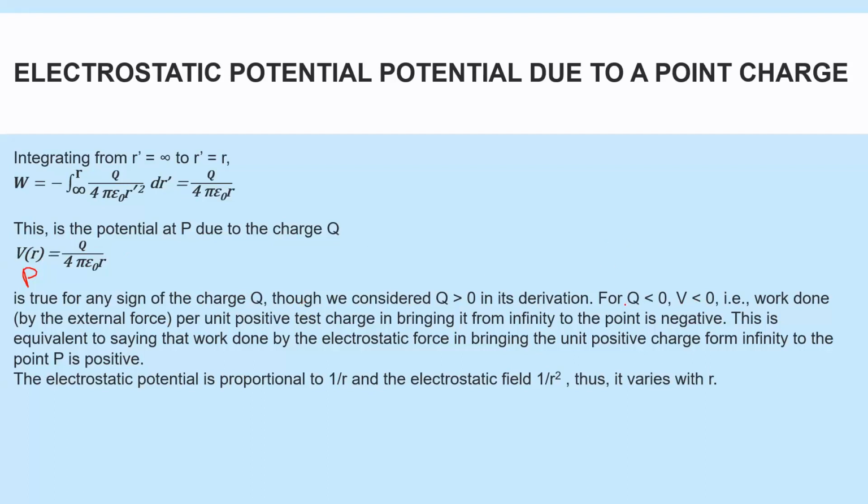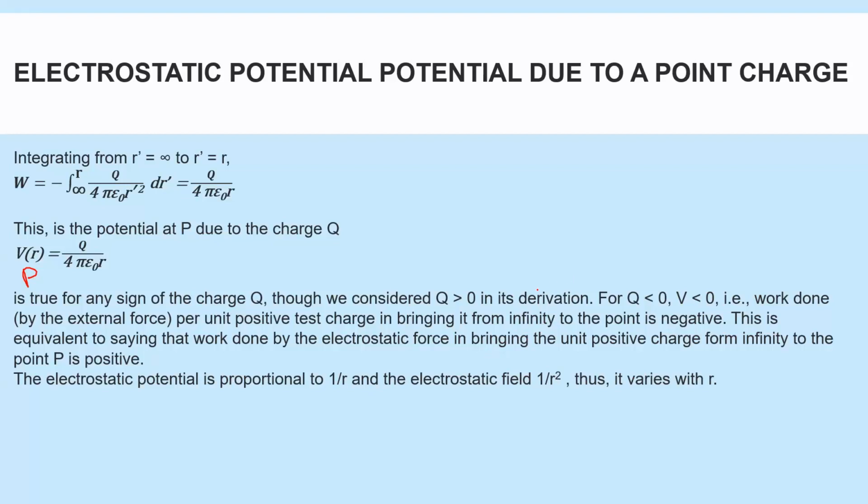If the charge kept at the origin is less than 0, that is negative, your potential is also going to be negative. What that means is that the work done by the external force is going to be negative. This is a corollary to saying that the work done by the electrostatic force in bringing the unit charge from infinity to the point P is positive.